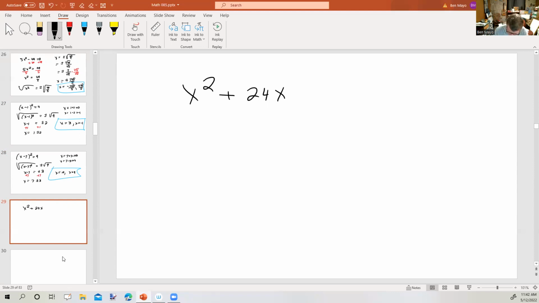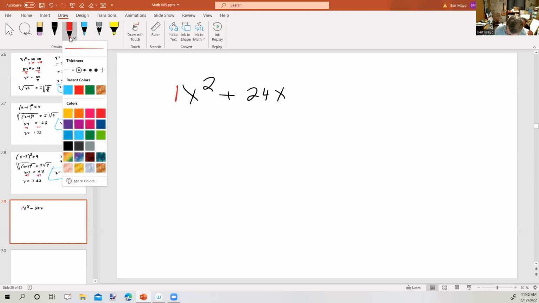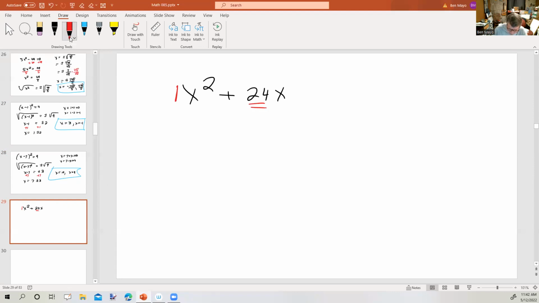Note first of all that the leading coefficient is a 1, all right? That's important. The coefficient of the middle term, in this case, is 24. We're going to take the coefficient of the middle term, cut it in half, and then square it.